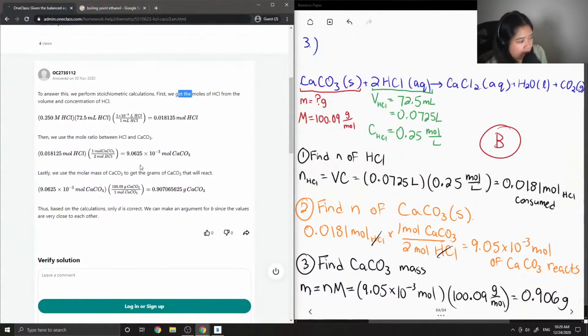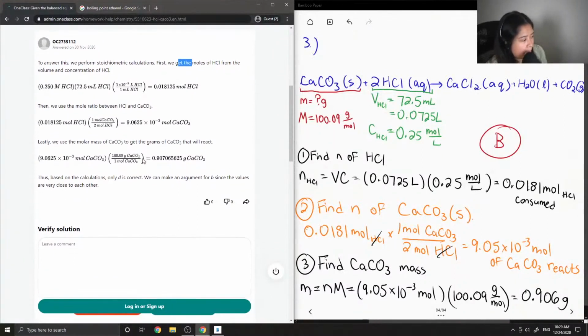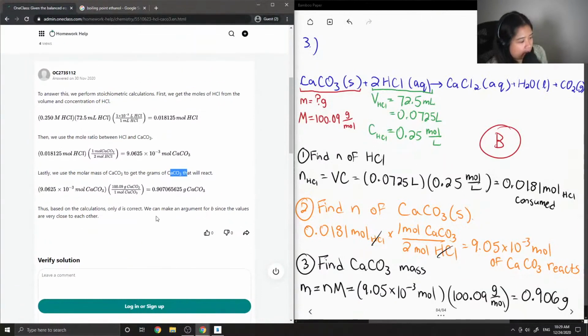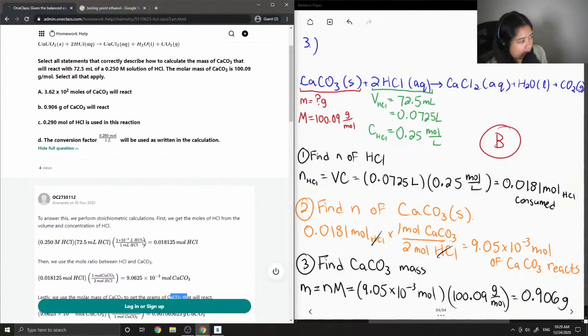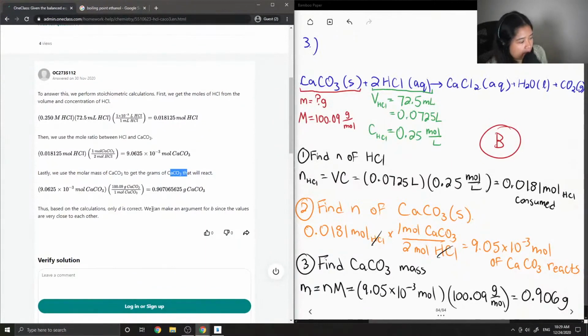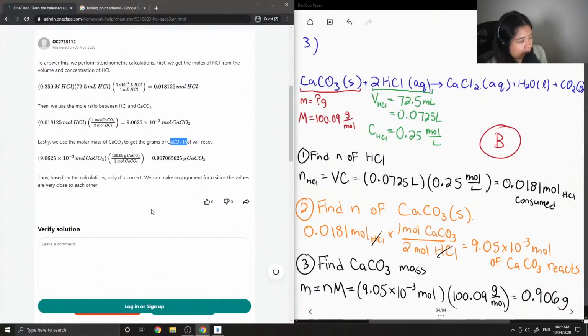They divided by 2 and got around the same 9.06 times 10 to the negative 3 moles. Lastly, we use the molar mass of calcium carbonate to get the grams that will react, and they also got 0.9 grams of calcium carbonate. Thus, based on the calculations, only D is correct. We can also make an argument for B since the values are very close to each other.